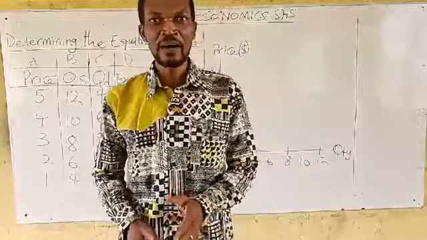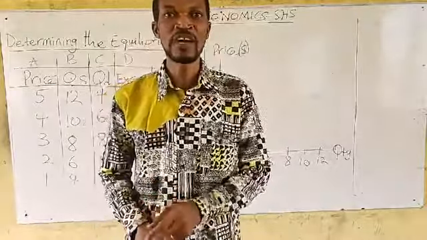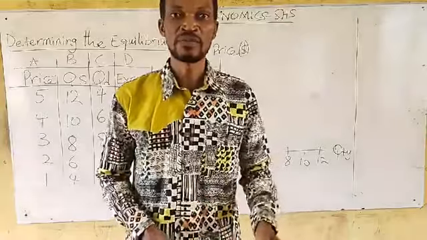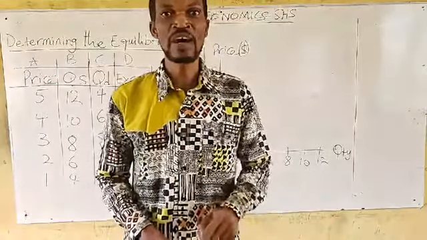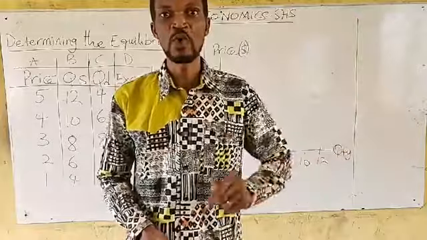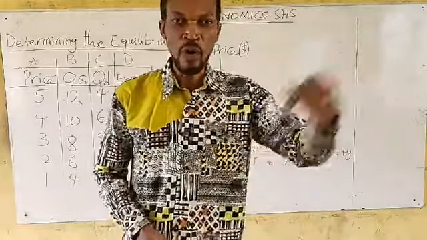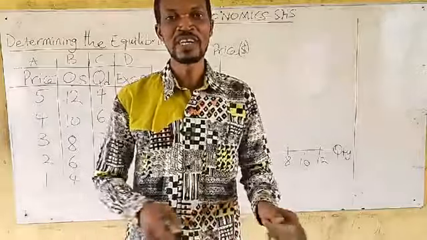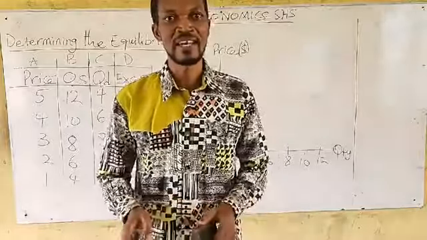The buyer going with the law of demand will prefer a lower price so that he or she can buy more. On the other hand, the seller will prefer a higher price so he or she will bring more onto the market. So there's always this disagreement between a buyer and a seller.